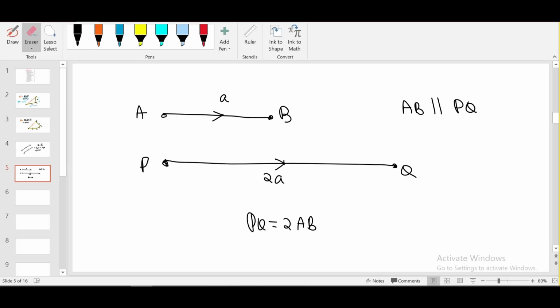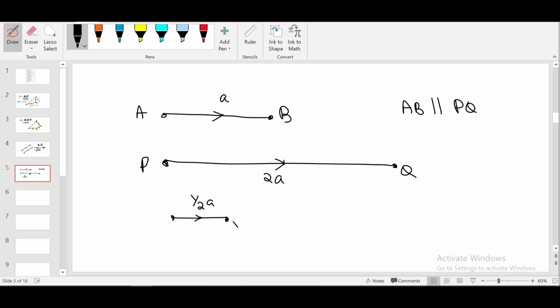The number is not necessarily a whole number. It can be, I'm gonna take half a now. This is also parallel. So XY is also parallel to AB or PQ, because these vectors are scalar multiples of each other. So that's a very important condition.